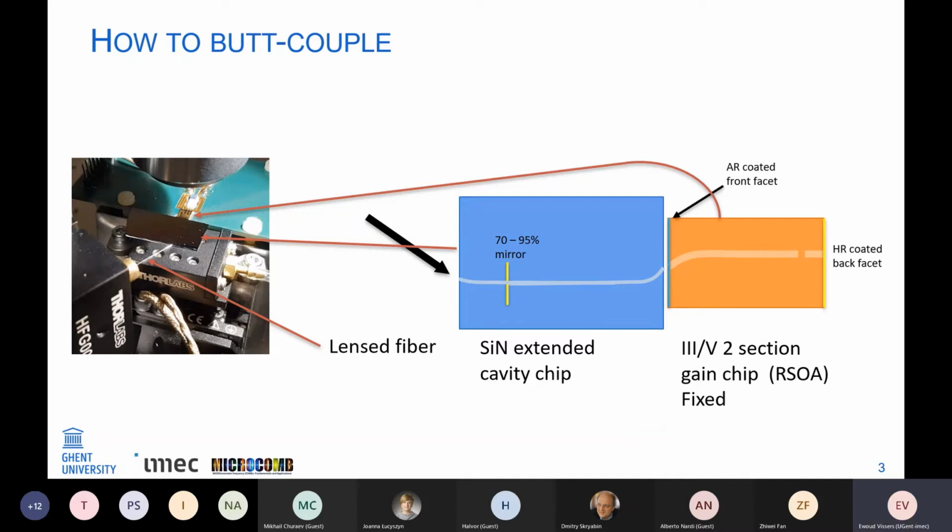We use the silicon nitride as an extended cavity on a different chip because if we do this on the same chip as the RSOA, we have to use an active material if we're not going to do anything like transfer printing. Active materials always have quite lossy waveguides, and this would deteriorate the performance of your extended cavity laser.